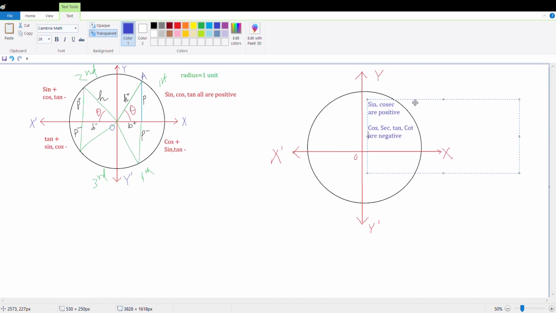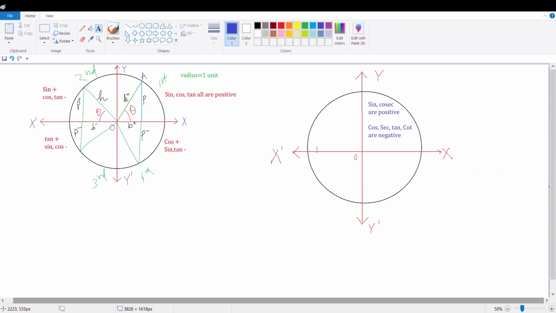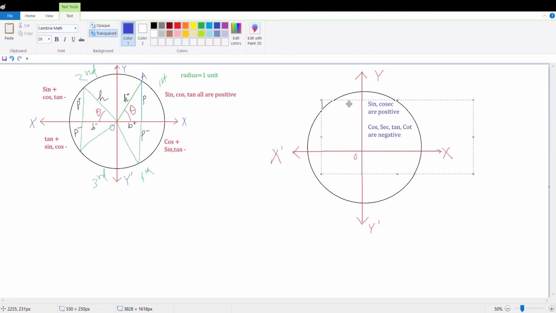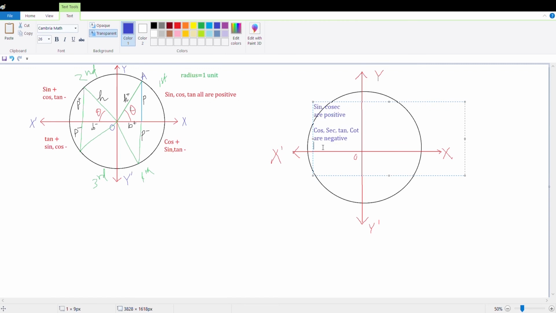Okay, then in here, third quadrant, it will be sine, cos. Oh, sorry, this will be for the second quadrant.